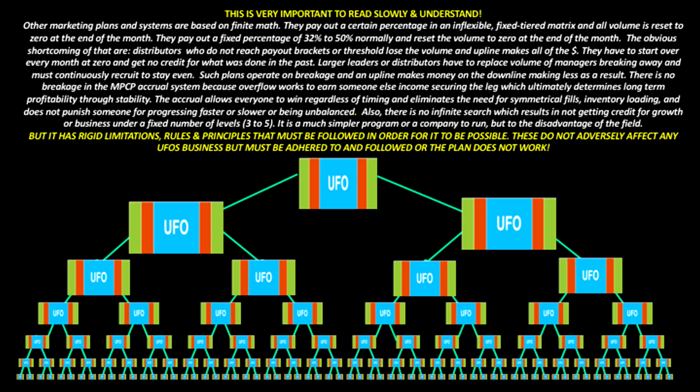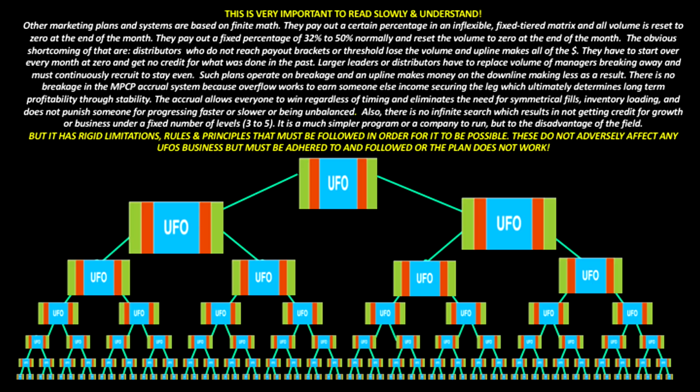They pay out a fixed percentage of 32% to 50%. That's the norm or the average, and then they reset the volume to zero at the end of the month. The obvious shortcoming of that is that distributors that do not reach payout brackets or thresholds lose the volume, and the upline makes all of the money. They have to start over every month at zero, and they get no credit for what was done in the past.